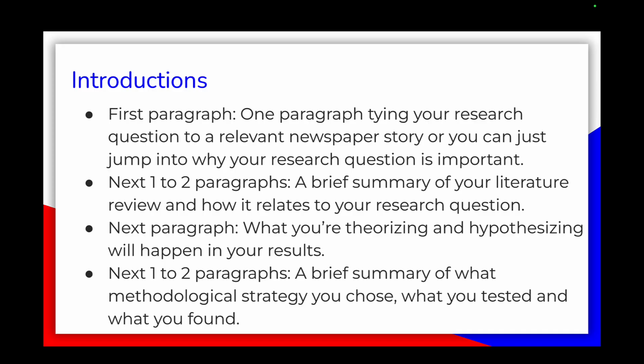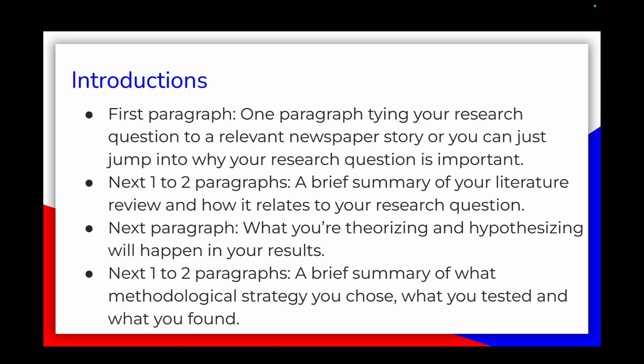In that first paragraph, you have a couple of options here, right? The first is where you are tying your research question to a relevant newspaper story, right? Or a relevant current event. So if you are looking at the effect of multilateral treaties on economies, right? You would maybe highlight Brexit, right?